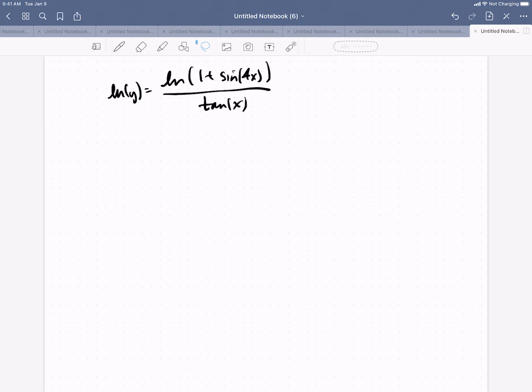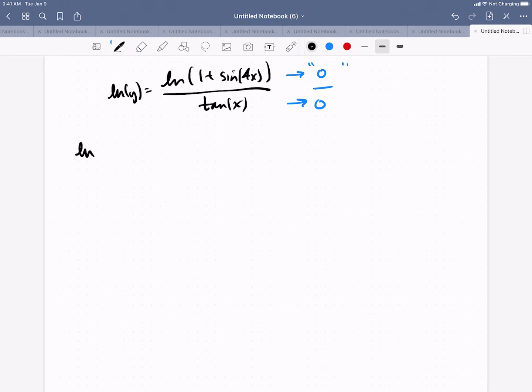So we have this, and we're taking the limit of it as x goes to 0. We know the numerator is going to 0, and the denominator is also going to 0, because tangent is sine over cosine. Sine is going to 0, cosine is going to 1, so tangent is going to 0. There we go. That's the kind of indeterminate form we want to have. Let's apply L'Hopital's rule.